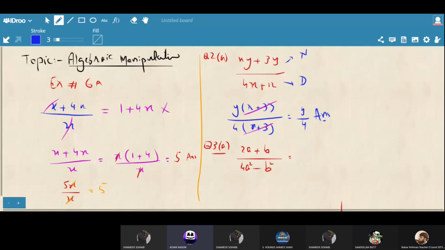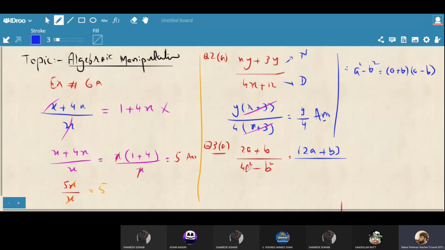Which formula? a square minus b square. In the denominator, we have one identity. Over here, I'm writing, please keep in your mind, a square minus b square is equal to a plus b times a minus b. In the numerator, 2a plus b will remain the same, and we are applying the identity.